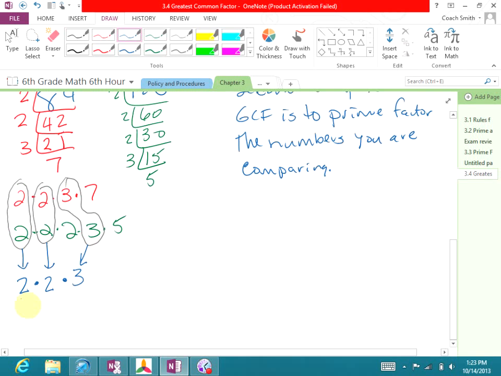And then I'm going to multiply 2 times 2, which is 4. 4 times 3, which is 12. So my GCF, and this is how they will put it, of 84 and 120 is equal to 12.